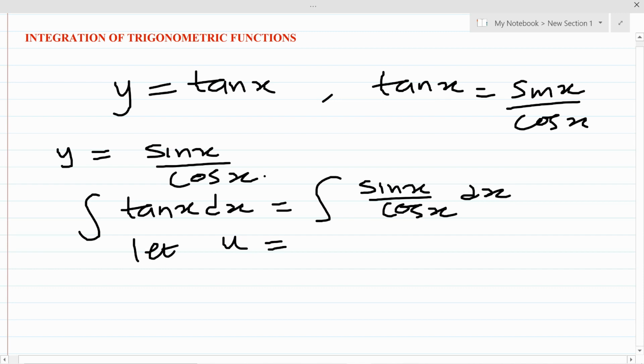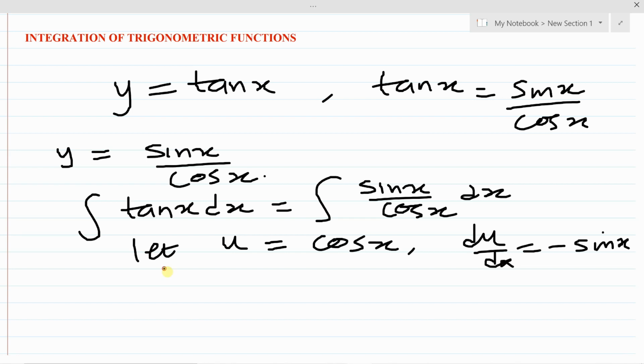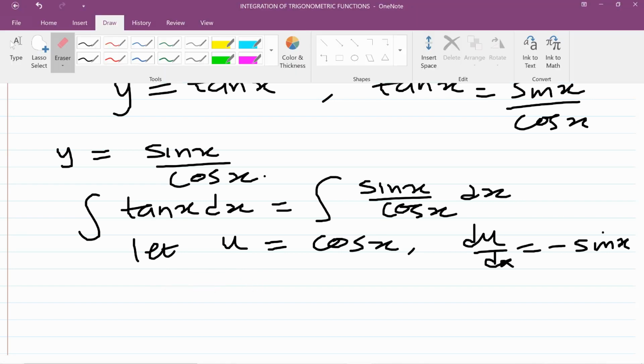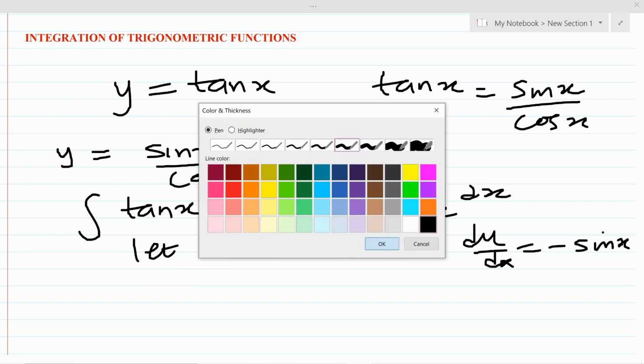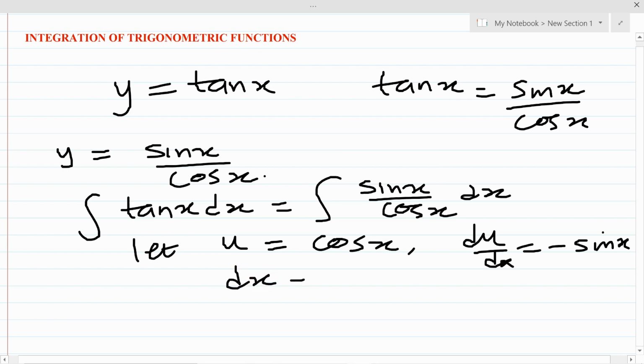Now if you let u be equal to cos of x, then du/dx will be equal to minus sine x. Now we make dx the subject, so dx will be equal to negative du over sine x.